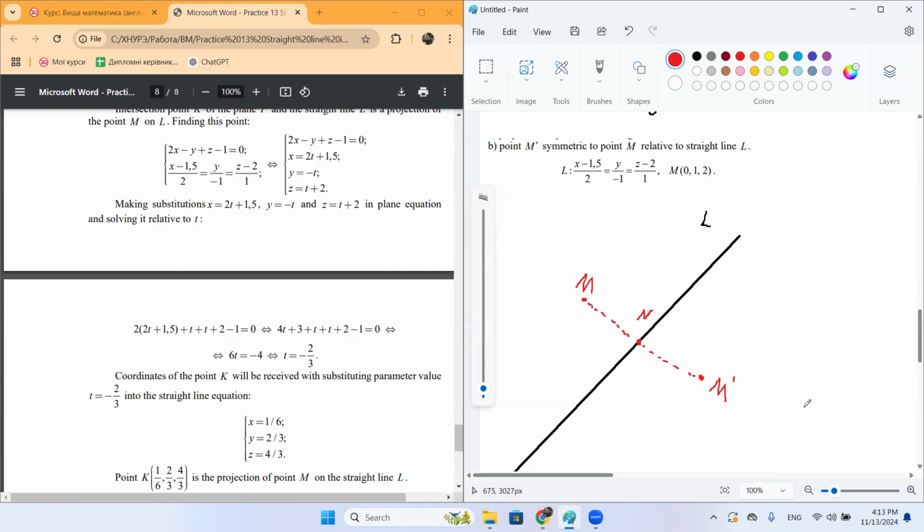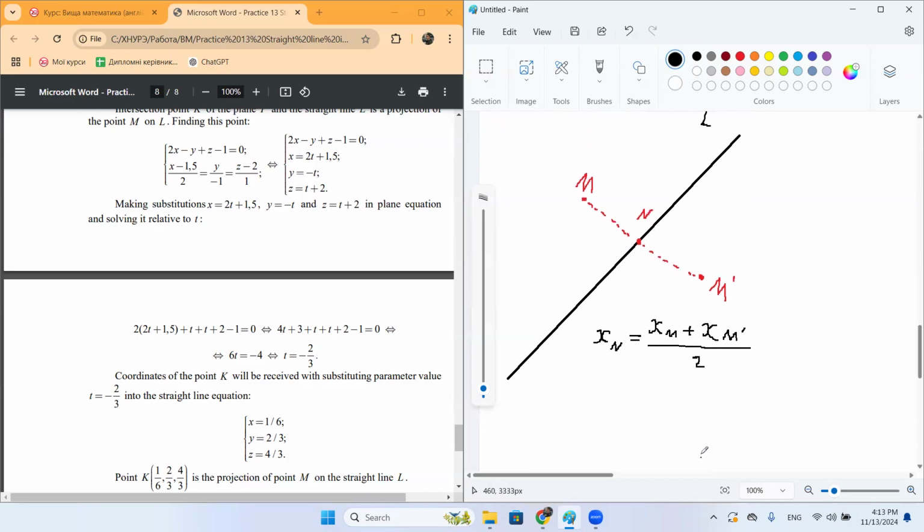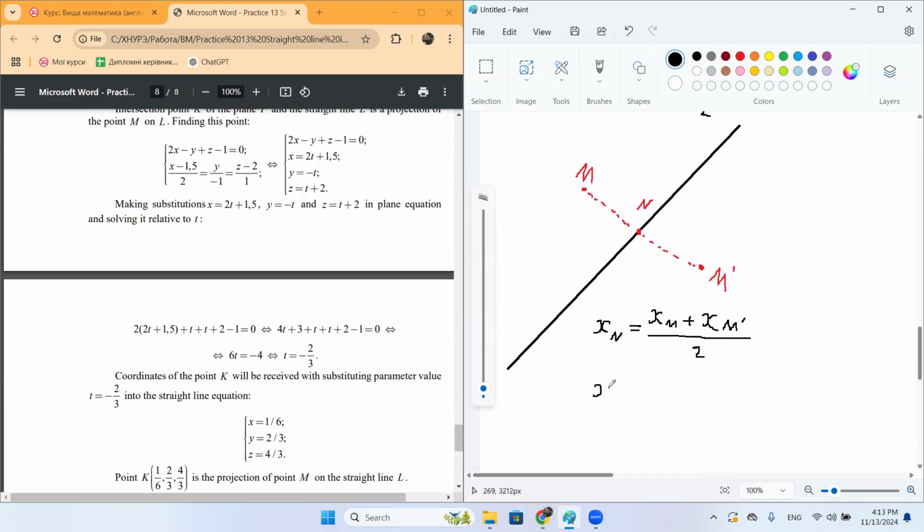N is the center. Yeah. So from the formula we can find M prime, where x1 plus x2 divided by 2 equals nx. Yeah, so that's just the middle point between M and M prime. So x of M prime can be found by the following formula.